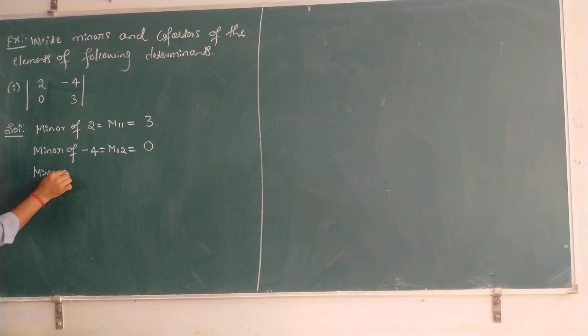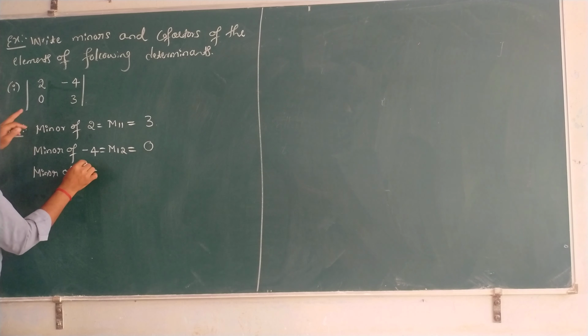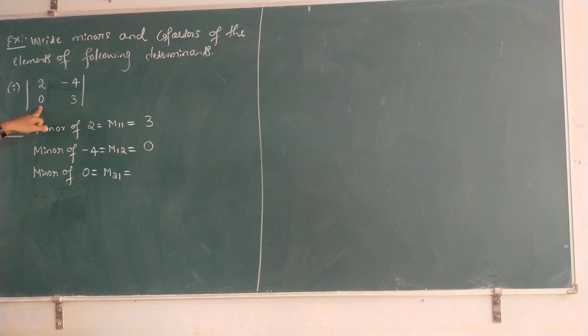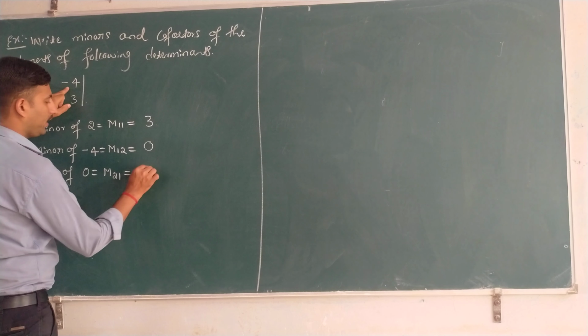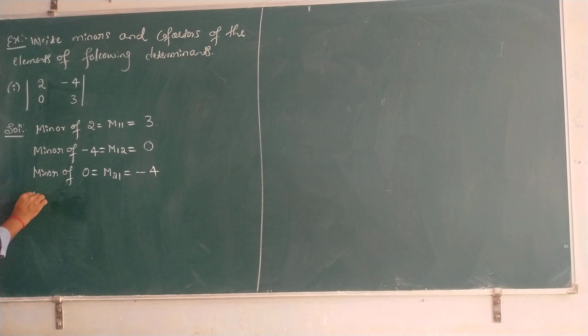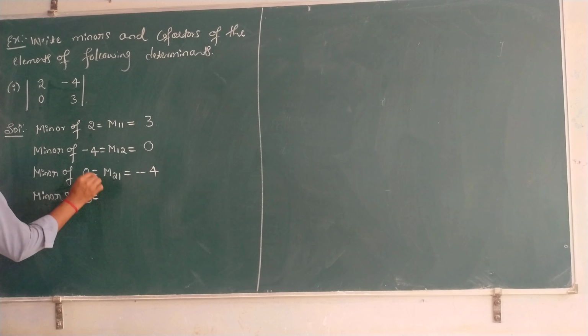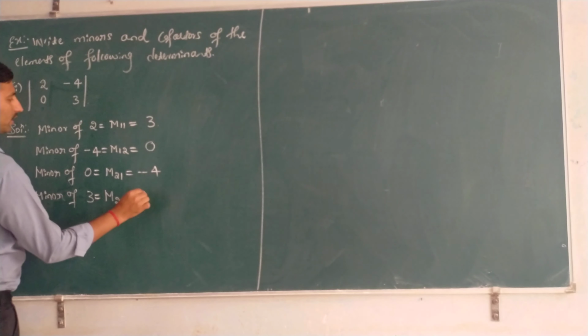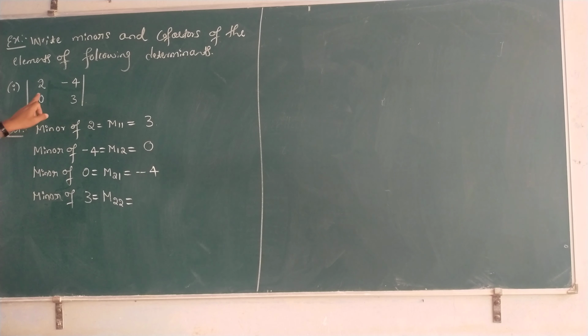Minor of 0, which is m21, is minus 4. Minor of 3, which is m22, is 2. These are the minors of the elements.